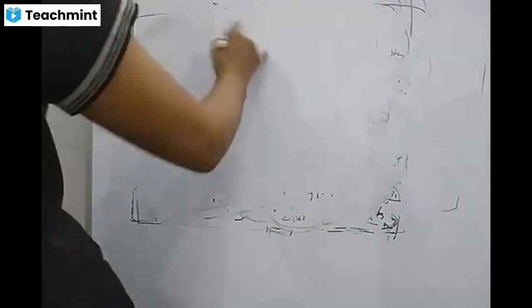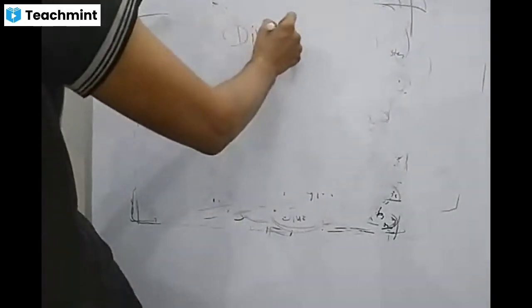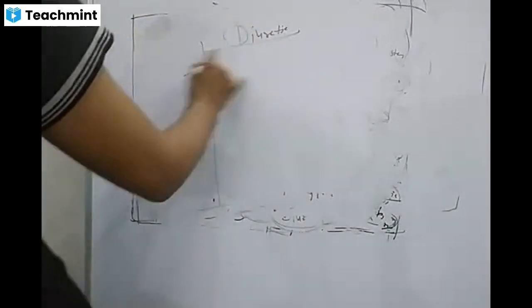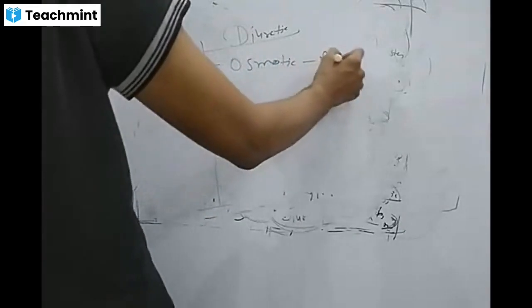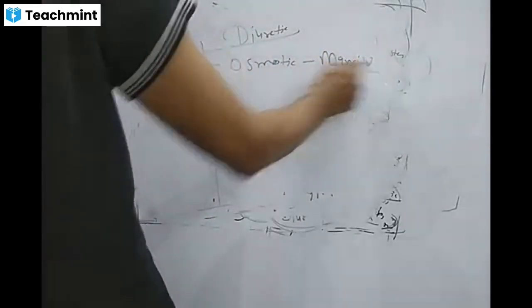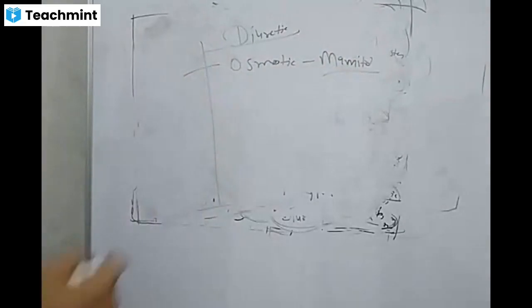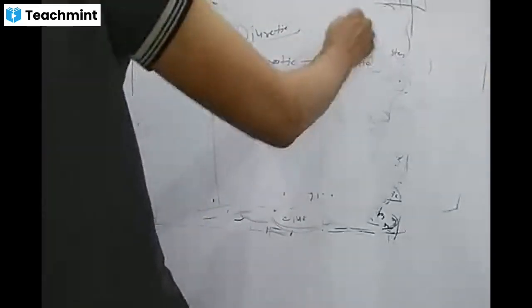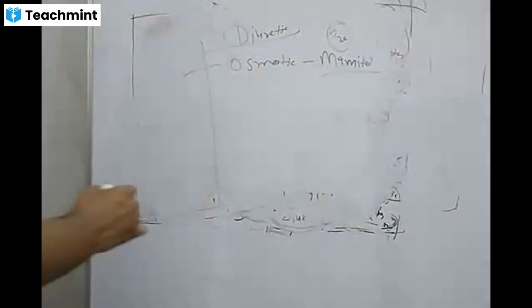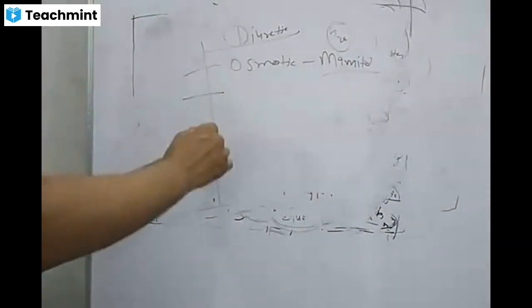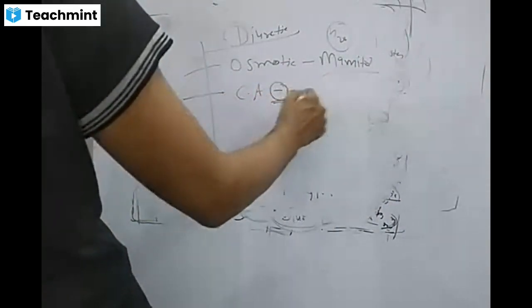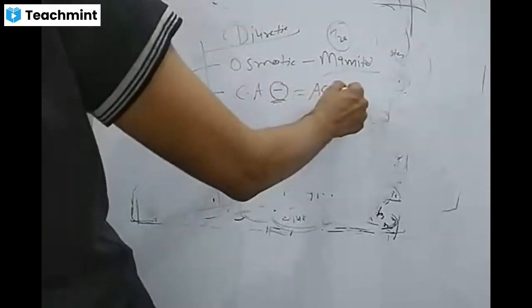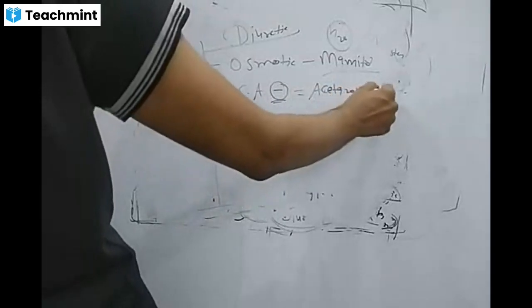So in case of diuretics, if we summarize all the things, first was the osmotic diuretic, your mannitol. The mechanism of mannitol is very simple: attract the water and remove the water through the urine. Second was carbonic anhydrase inhibitor drug, acetazolamide.